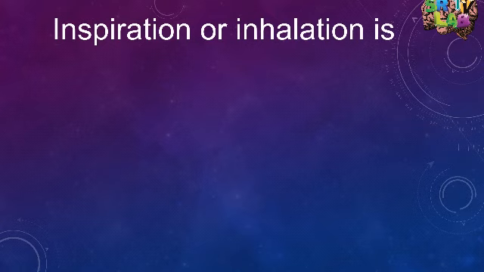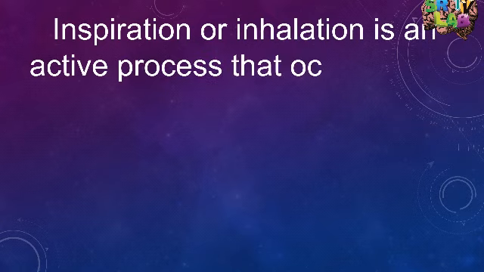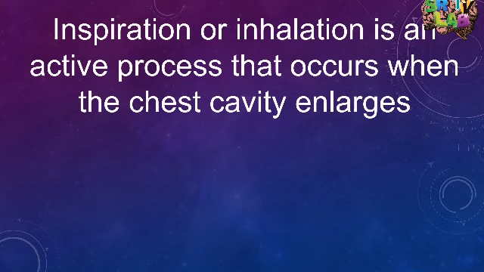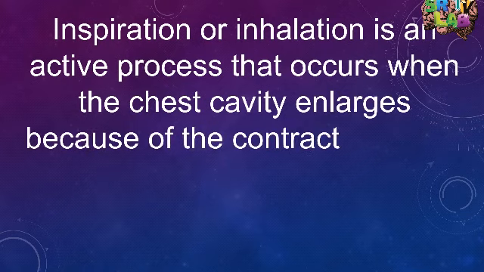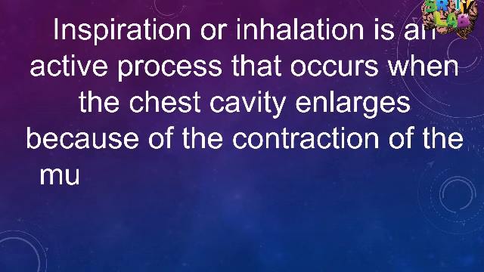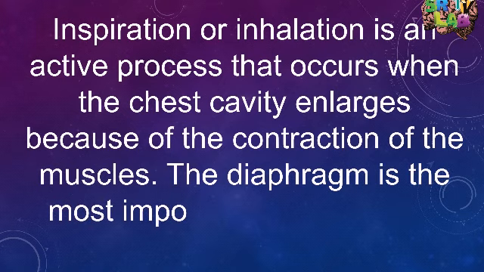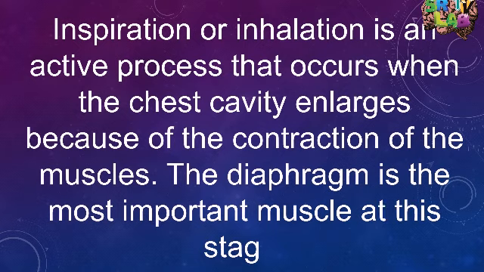Actual inspiration or inhalation is an active process that occurs when the chest cavity enlarges because of the contraction of the muscles. The diaphragm is the most important muscle at this stage.